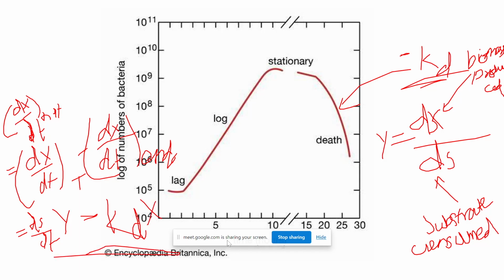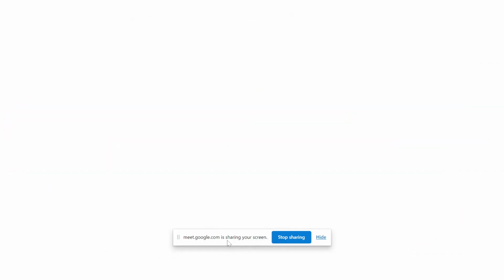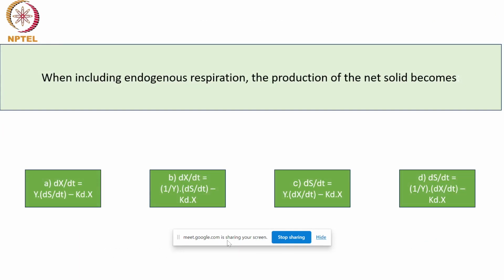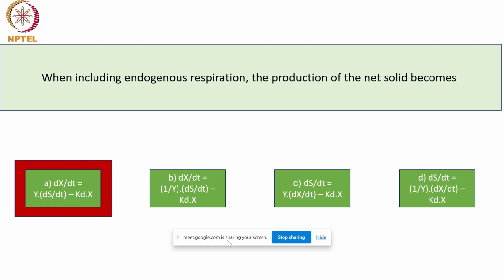Now did you people understand how you got this equation, or should I explain it once again? So the answer will be the first option. Is it fine, or it has to be explained once again? Pooja?